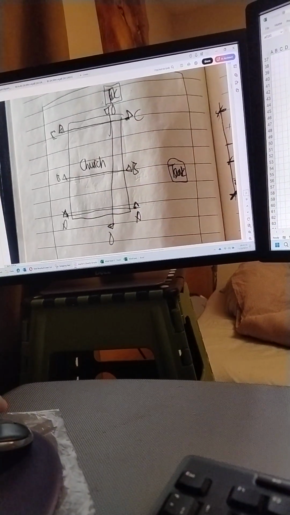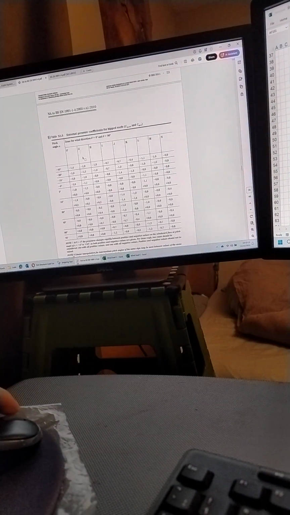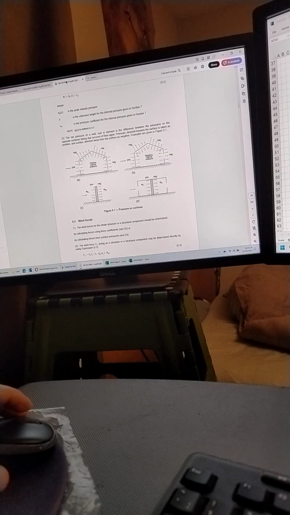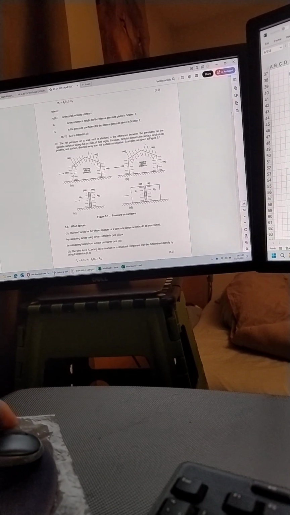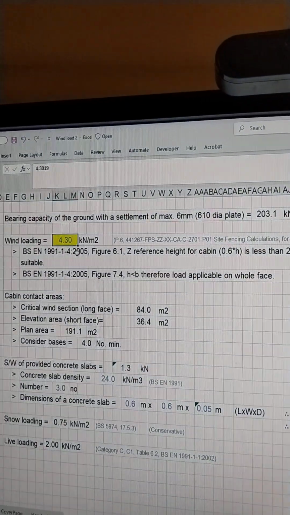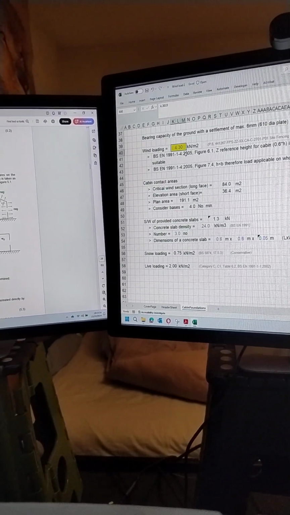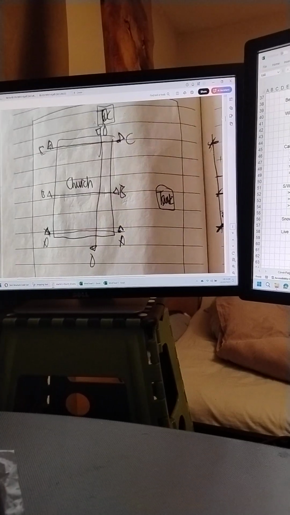I've got dimensions and things, and what I found for the wind loading that I was just talking about was, when I had a quick look, it looks like I've got a wind load of 4.3 kilonewtons per meter squared, and that's because of the altitude where it is in Zambia.